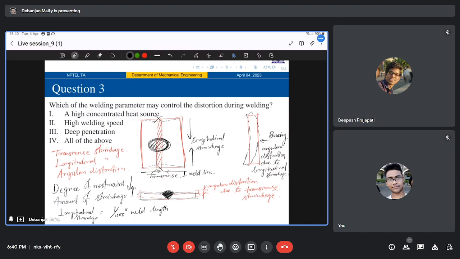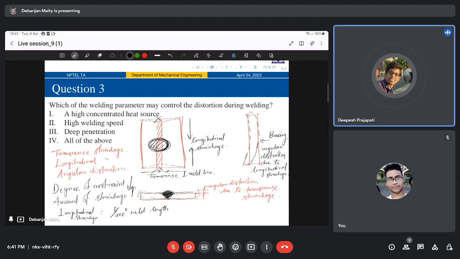Coming to the question, which of the welding parameters control distortion during welding? If you have a highly concentrated heat source, will it control, or will a spread heat source control the distortion?